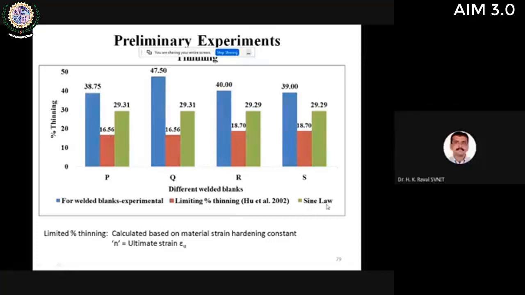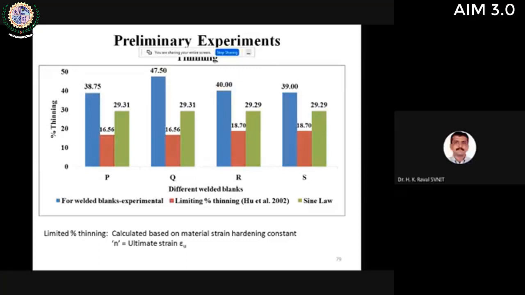Then the sine law. Sine law is based on geometrical trigonometry, wherein the cup angle is known, and the thickness of the sheet is known. Then you can find out the thickness. Final thickness is equal to T0 by sine alpha, where alpha is the angle of the cone, T is the final thickness, and T0 is the original thickness.